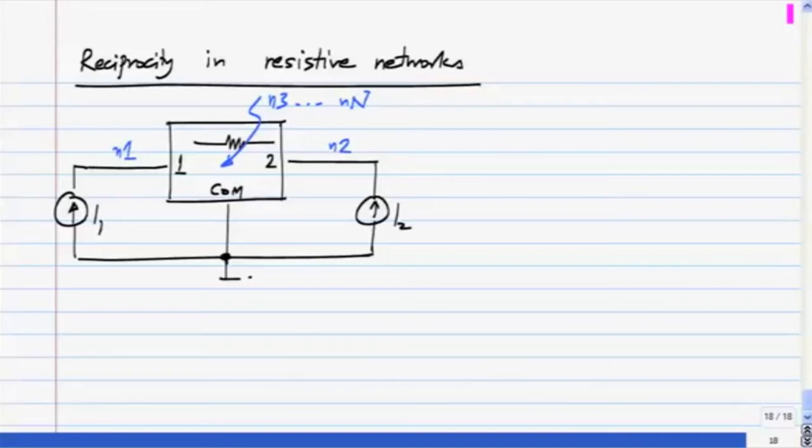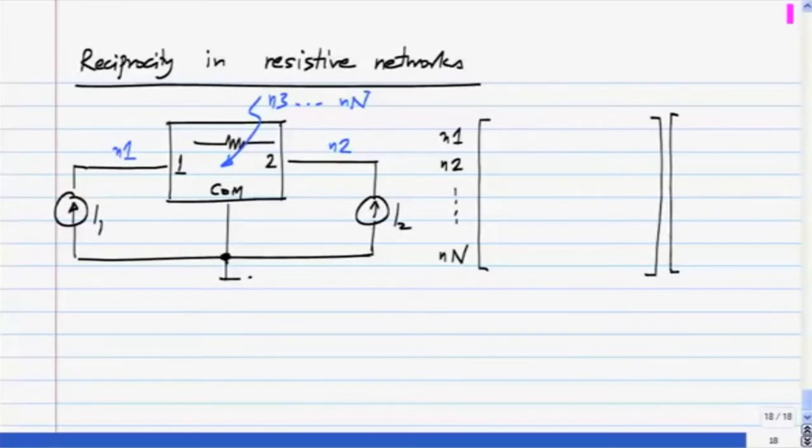Now if you set up the nodal analysis equations for this, N1, N2, a number of rows up to N capital N. And remember, this is a purely resistive network, and the only independent sources in the circuit are I1 and I2. So now I will have some G matrix.